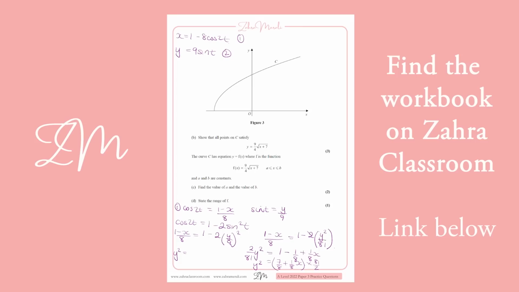So you get y squared equals 7 over 8 times 81 over 2, which is going to give you 567 over 16 plus 81 over 16 x.